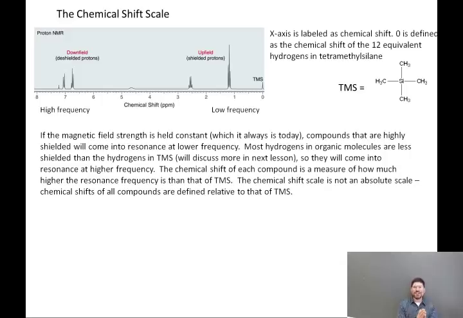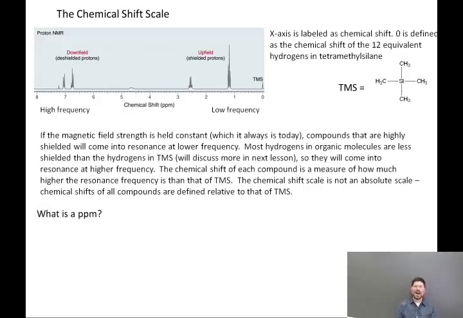The chemical shift of a compound is a measure of how much higher the resonant frequency for a particular hydrogen is than the resonance frequency of TMS. So the chemical shift scale is not an absolute scale. Chemical shifts of all hydrogens in all compounds are defined relative to that of TMS.